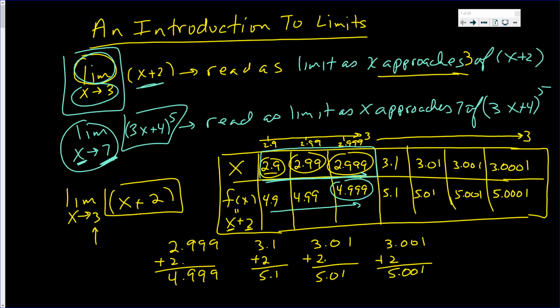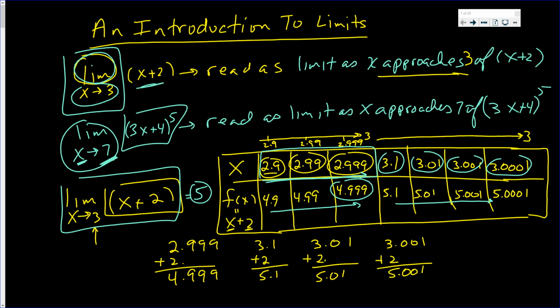When I am a little bit more than 3 and then closer to 3, but still above, and even closer to 3 and closer to 3, I'm also approaching 5. That tells me that this limit is 5. The answer to this question is 5. In this case, you could have just plugged in 3 for x and gotten the answer.